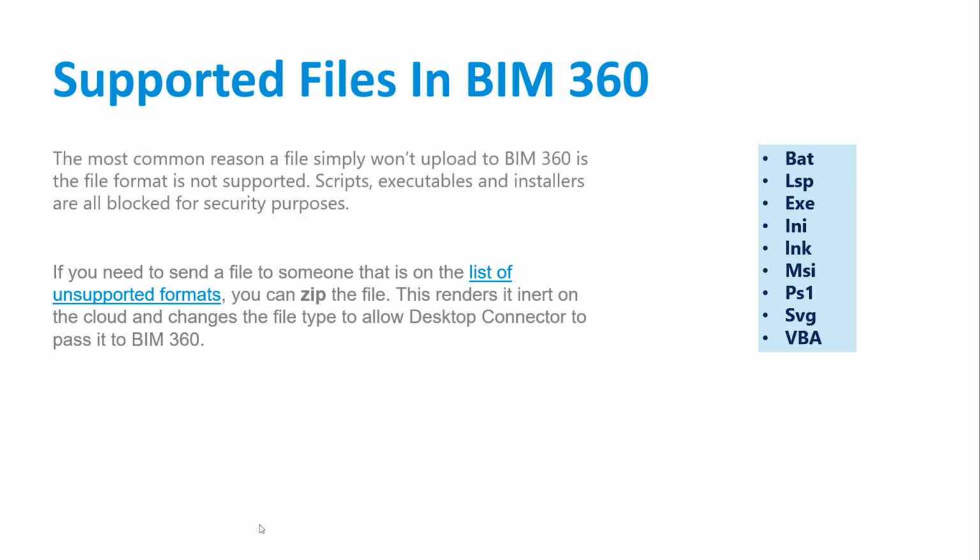So if it can possibly run and do damage on someone's machine, we just won't upload it. But of course, if you say need to pass someone a Lisp routine or a batch file, whatever, you can just go ahead and zip that up, and then you can use BIM 360 as a file transfer tool. But yeah, there's a number of files that Desktop Connector simply ignores.